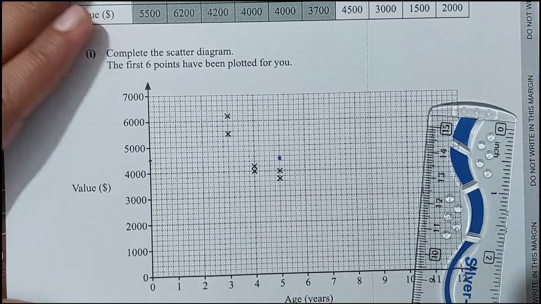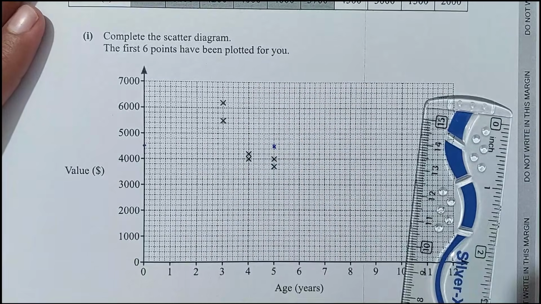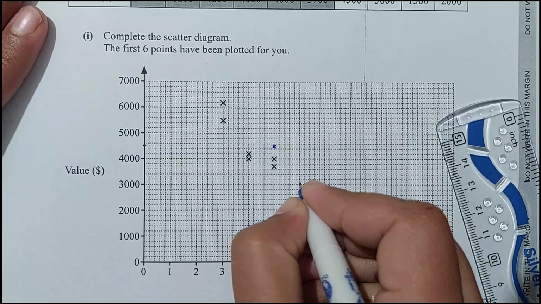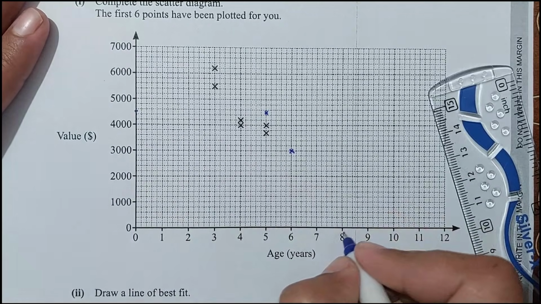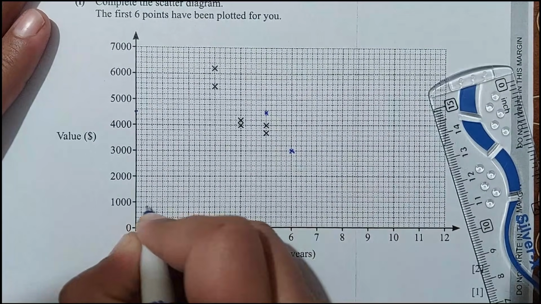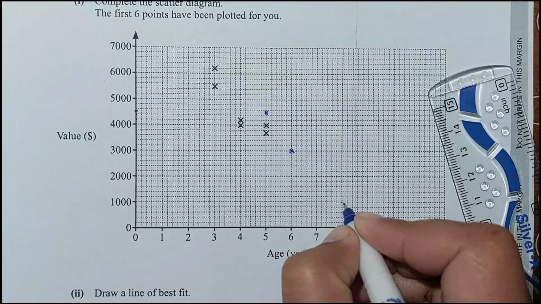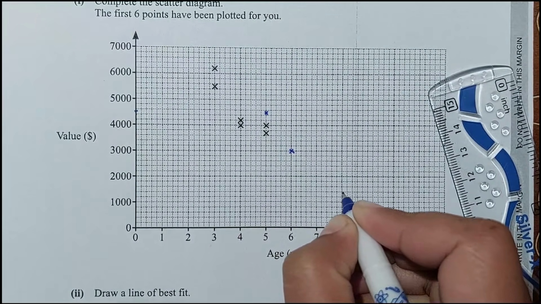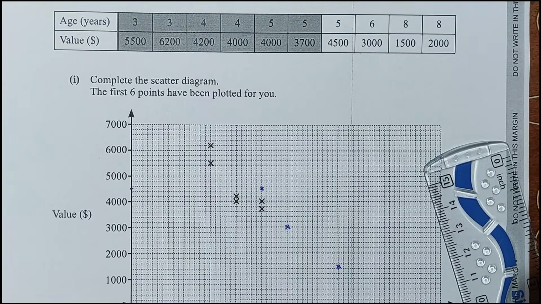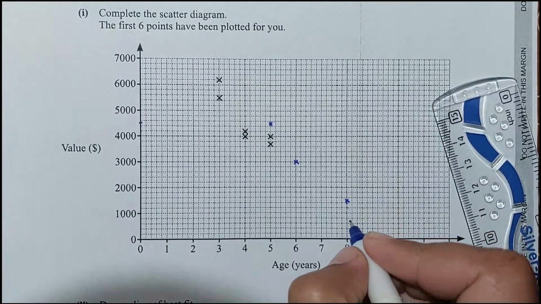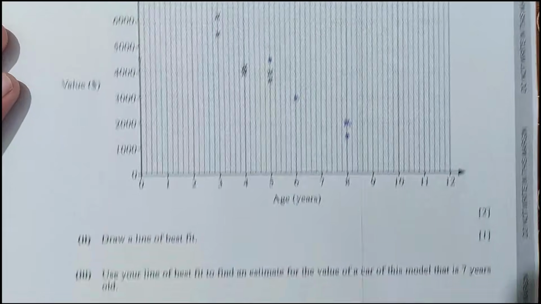All right, next for 6 years, 3,000. 6 years is just the 3,000. 8 years, 1,500. This is 1,000 and 1,200, 1,400, 1,500 in the middle. Again for 8 years it is 2,000. Right, the scatter diagram is completed.